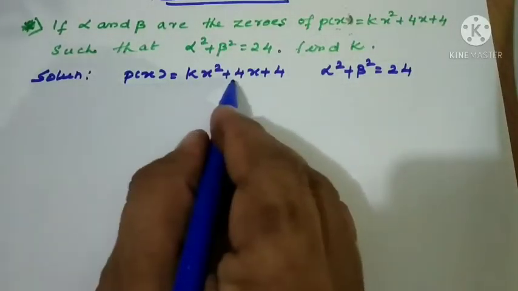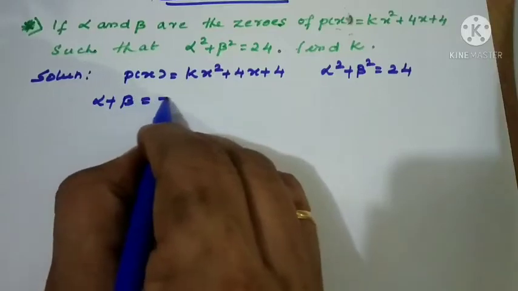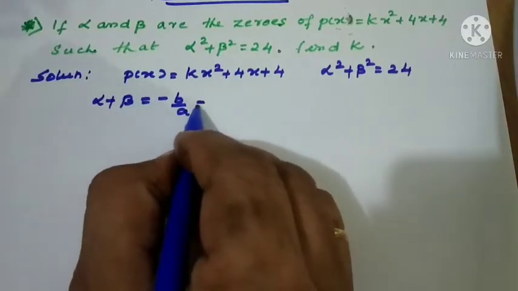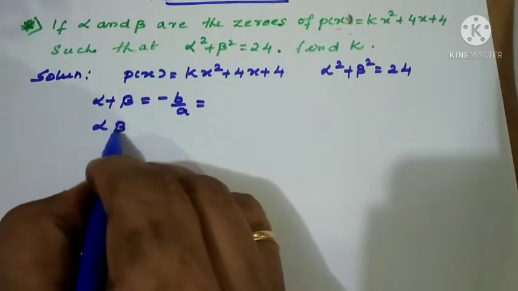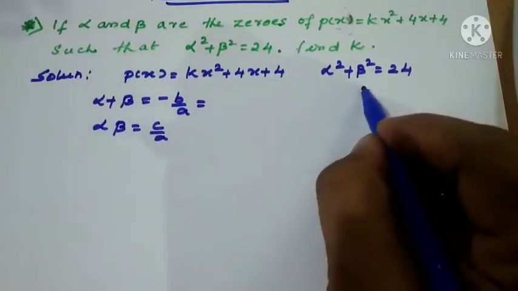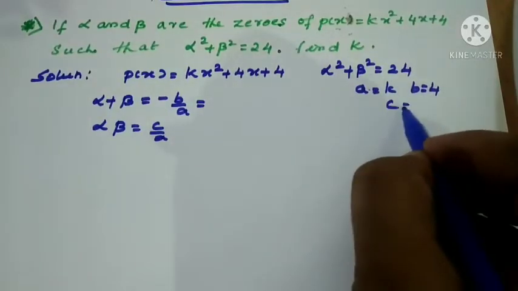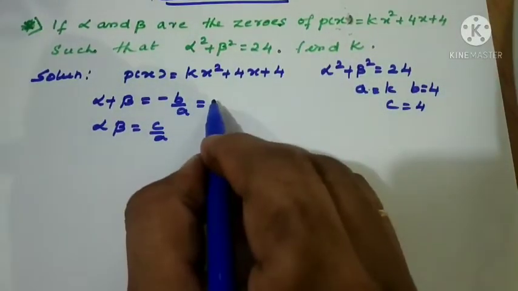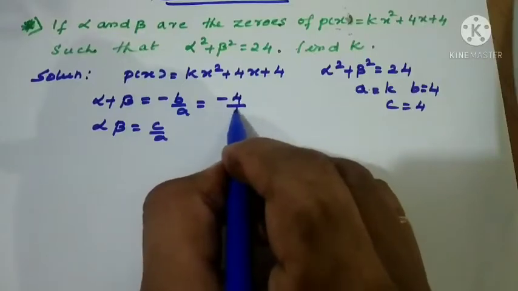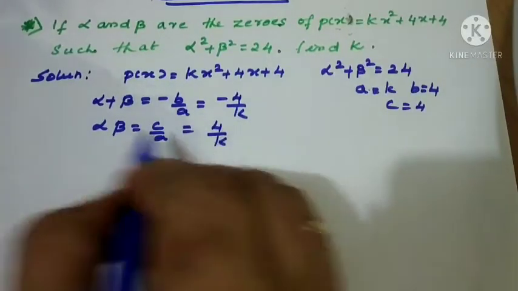See, from this it's a quadratic equation. We know that sum of the zeros alpha plus beta equal to minus b by a and alpha beta equal to c by a. Before that I should write a equal to k, b equal to 4, c equal to 4. Minus b by a means minus 4 by k, and c by a means again 4 by k.